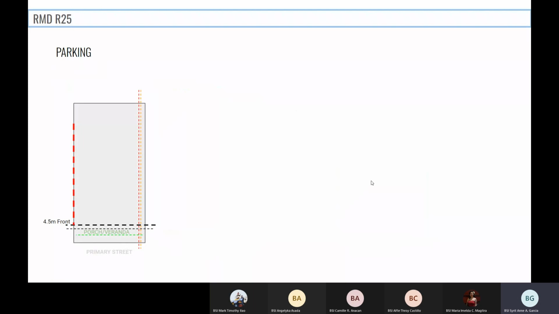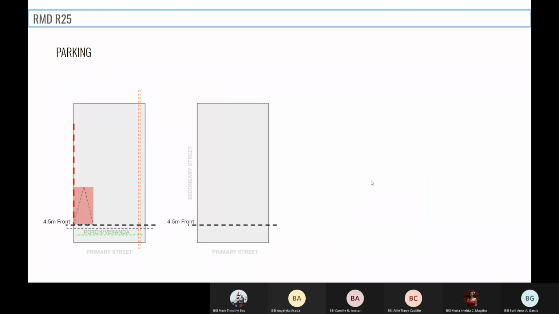For the garage, the setback has to be 4.5 meters from the front. This is the location of our garage. The second condition: if our lot faces the primary street and the other side of the block is adjacent to the secondary street, the garage setback in front is still 4.5 meters, and on the side facing the secondary street it has to be offset by 1.5 meters. The garage will be placed there.